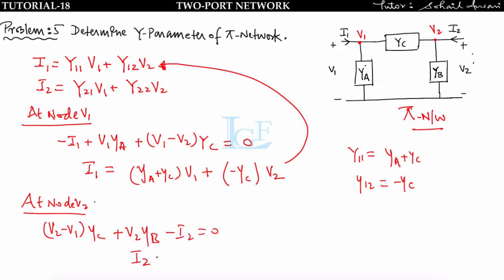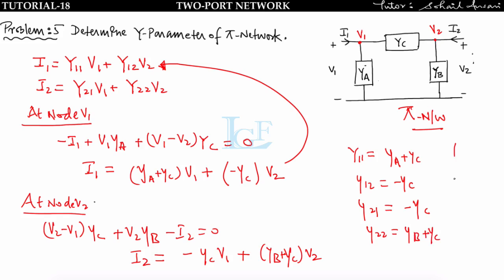So I am getting I2 is equal to minus YC V1 plus YB plus YC V2. So Y21 I am getting minus YC and Y22 I am getting YB plus YC. In this way we can find the Y parameter by applying nodal equation.